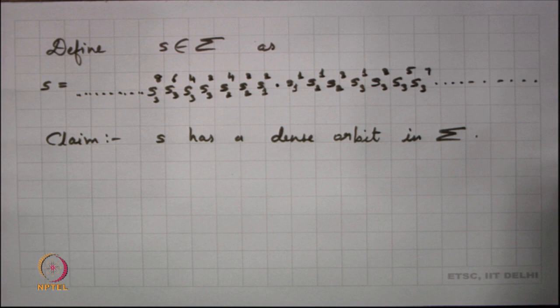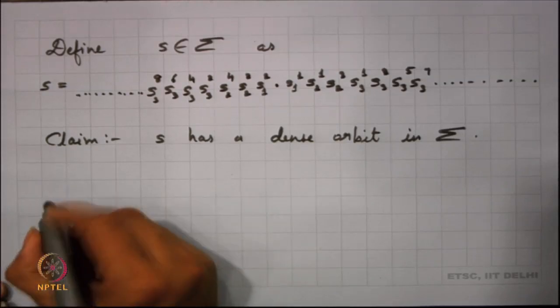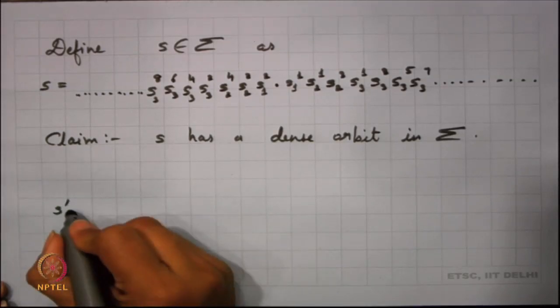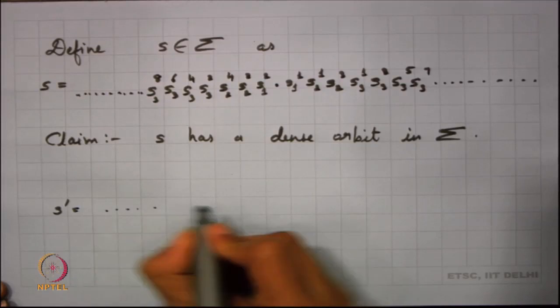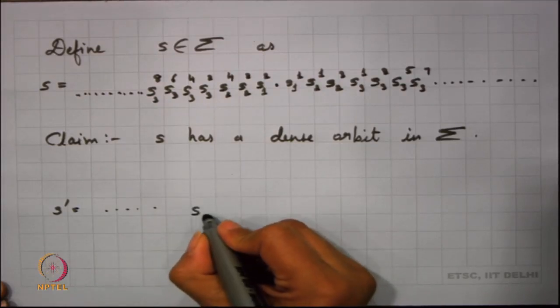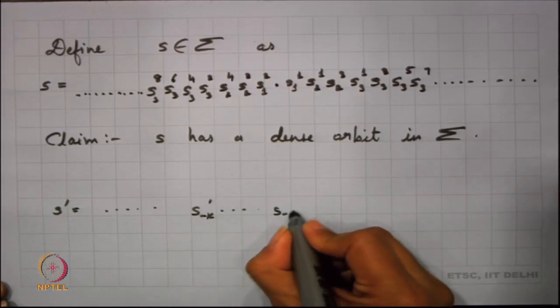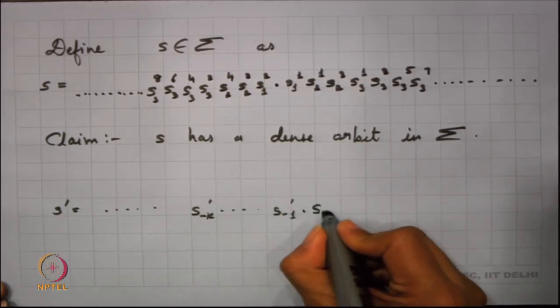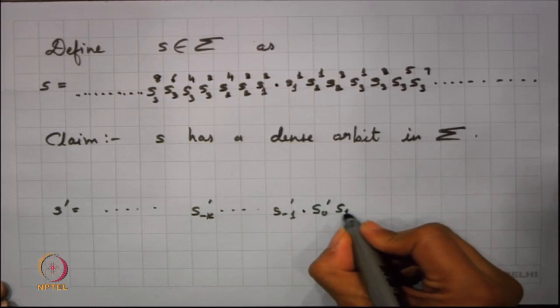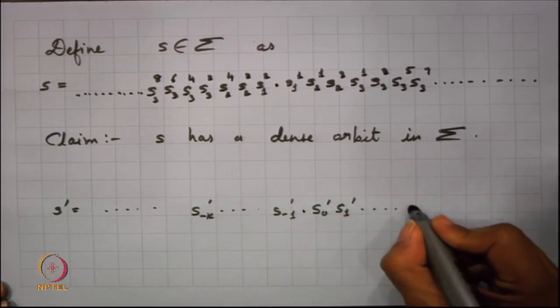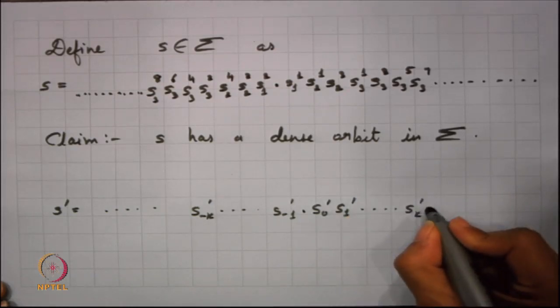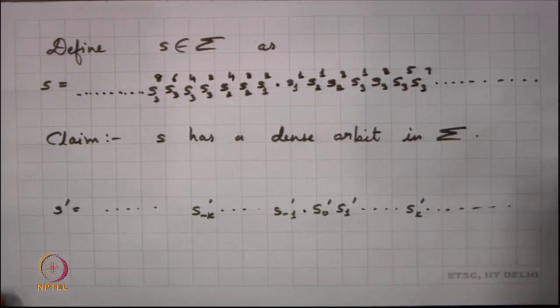We try to look into this particular claim, and so we start with any sequence, say S′. My sequence S′ can be written as S′_{-k}, up to S′_{-1}, S′_0, S′_1, up to S′_k, and so on.